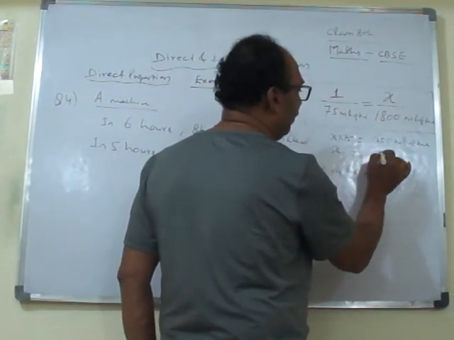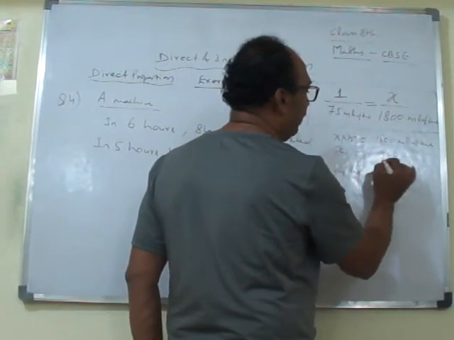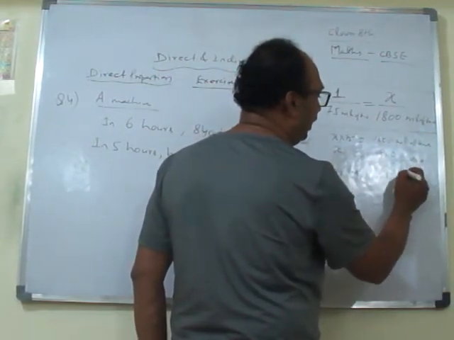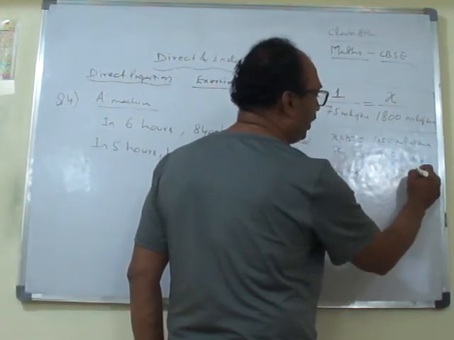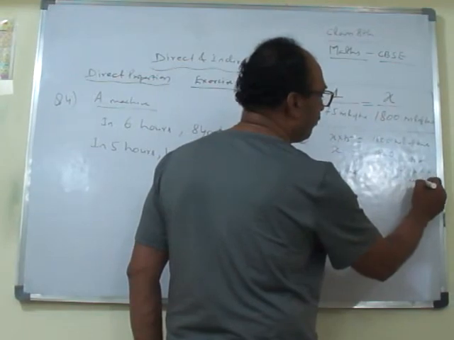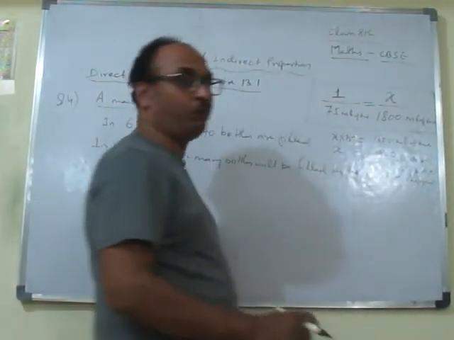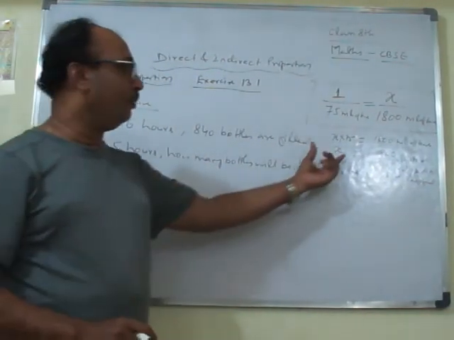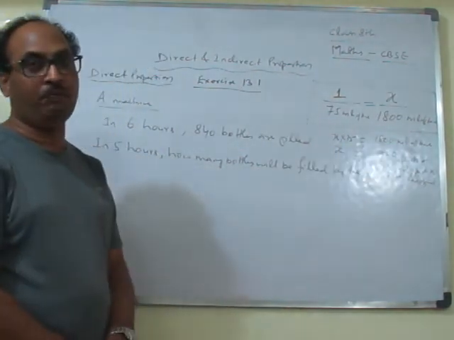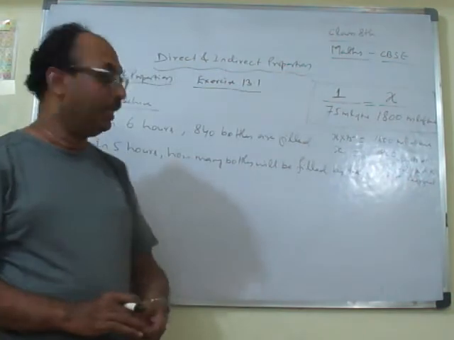So X will be 1800 by 75 parts of red pigment. So this is 24 parts of red pigment. 24 parts of red pigment will be applicable for 1800 milliliter of base. So in this way we have to solve.